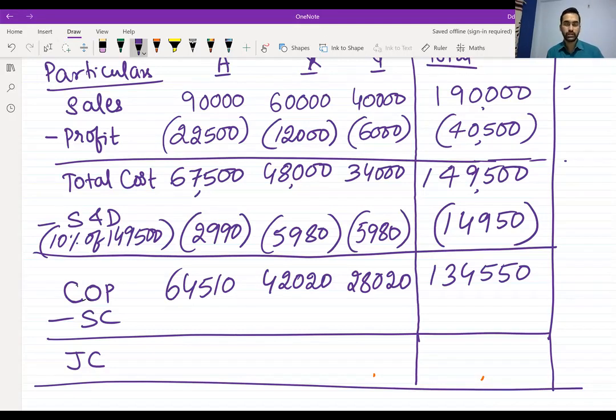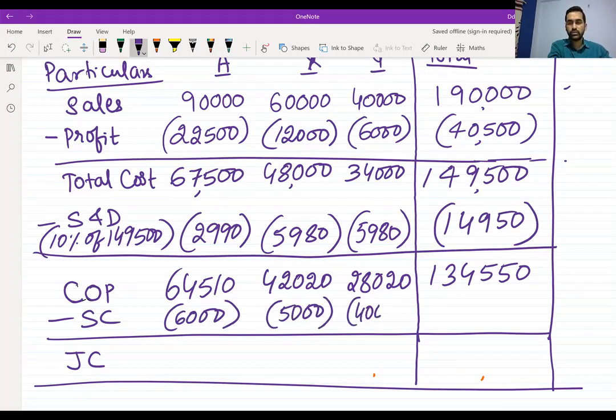Cost of production. From this, we should deduct separate cost. Right. How much is separate cost given in the question? See the table, second item, cost incurred after separation. Anything incurred after separation should be separate cost. Yes, this is 6,000. This is 5,000, 4,000. Add all of this, should be 15,000.